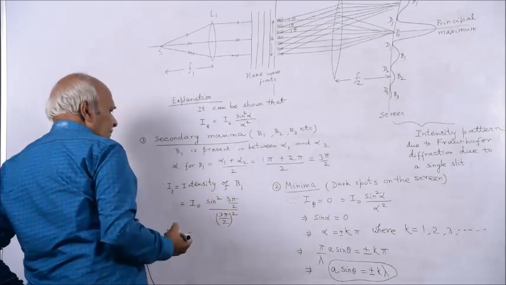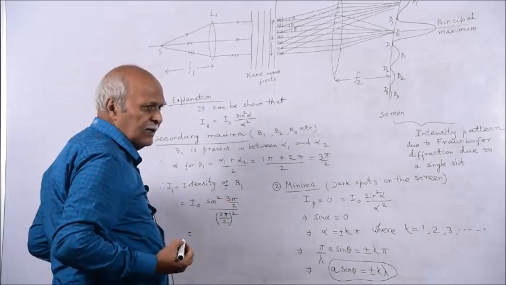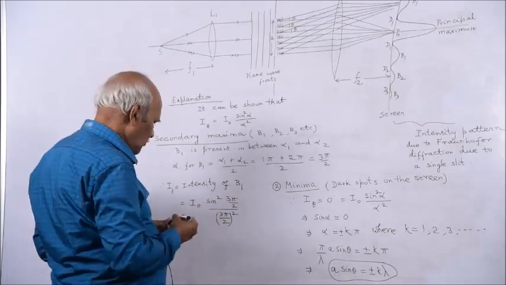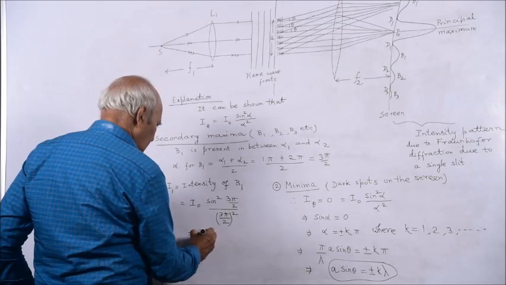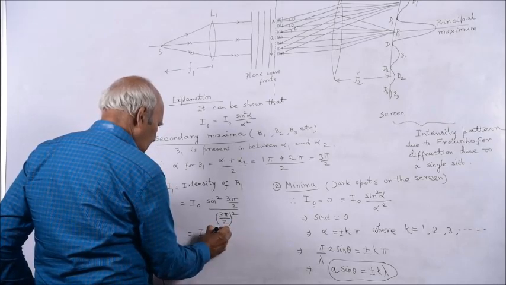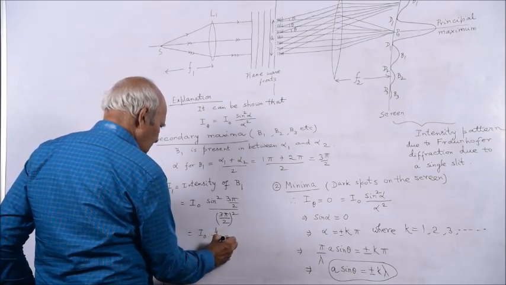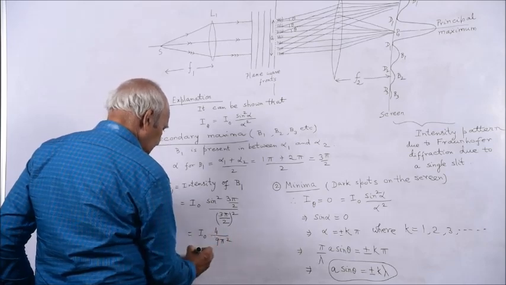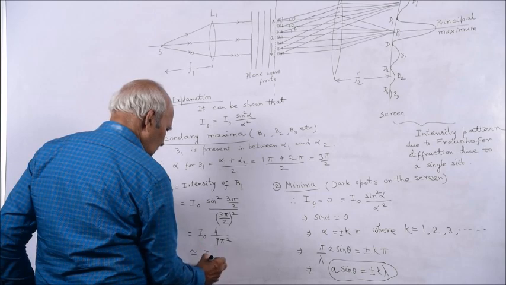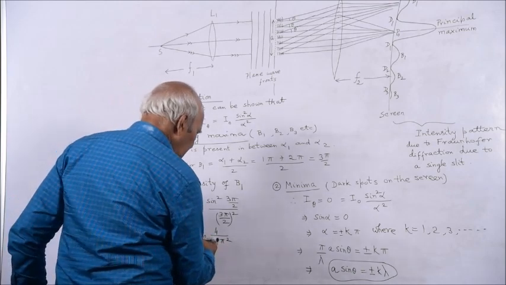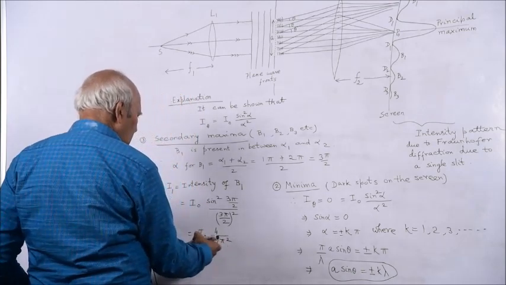The top one is sin 270 degree whole square. Sin 270 degree whole square is 1, then that is 3 pi by 2. So, it is I0, then 4 by 9 pi square. That is nearly equal to I0, it is almost 81.